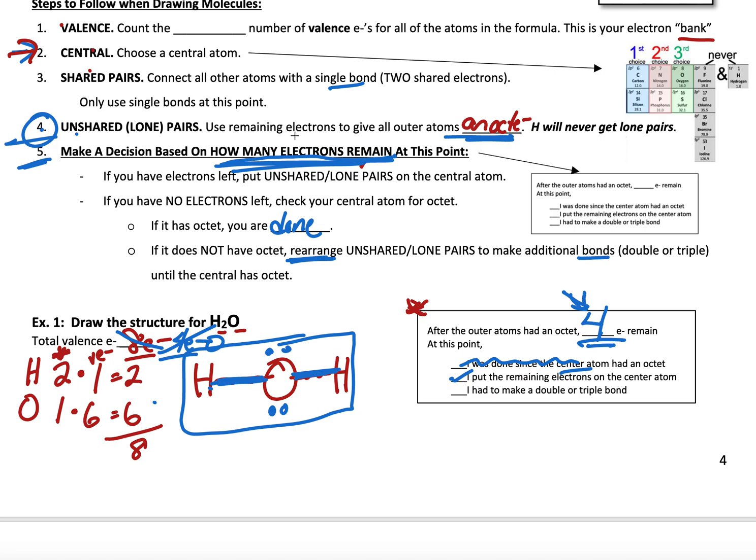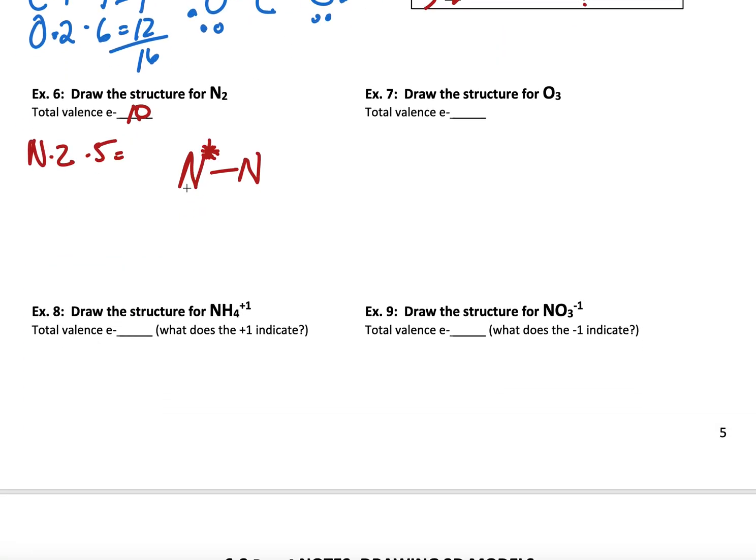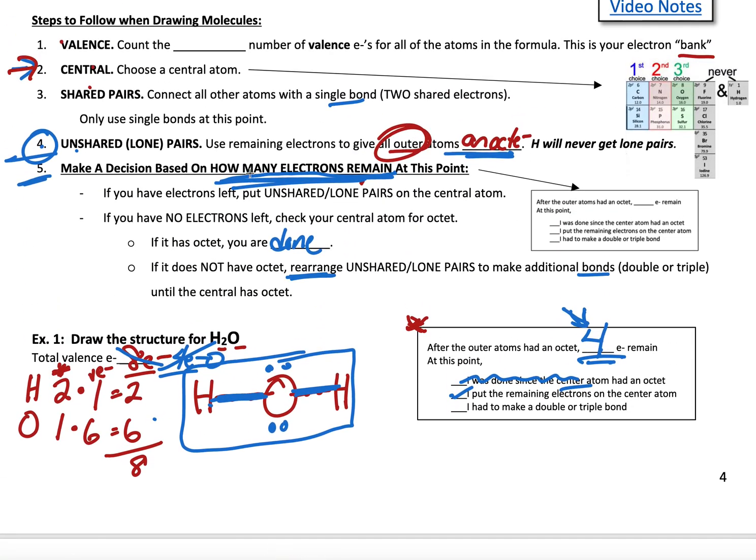Now we're going to use the remaining electrons to give all the outer atoms an octet. So remember we said, this is my center, this is my outer. I'm going to give this guy an octet. 1, 2, 3, 4, 5, 6. Plus the 2 in the bond is 8. That's my outer one. Give it the octet.